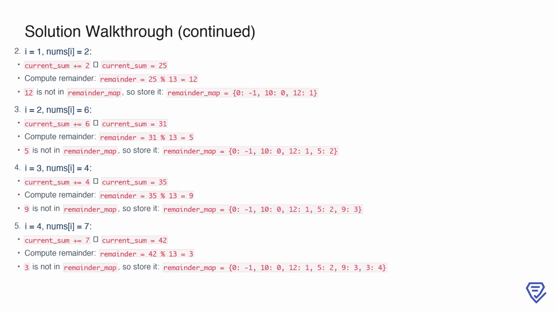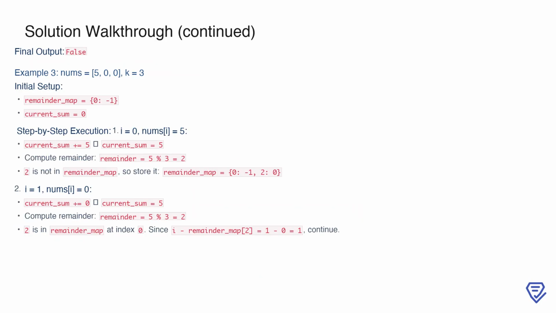Finally, for the fifth element, 7, the cumulative sum becomes 42, and the remainder when divided by 13 is 3. This remainder is also new, so we store it with the index 4. At this point, we have processed the entire array, and no remainder repeats in a way that satisfies the condition for a subarray length greater than 1. Therefore, the output for this example is false.